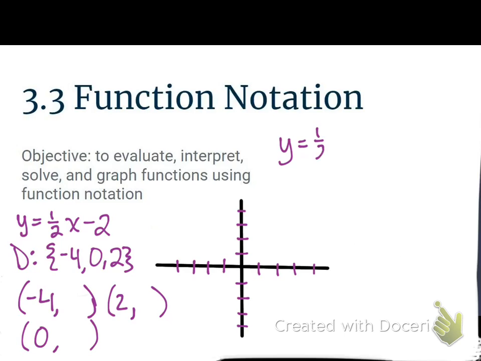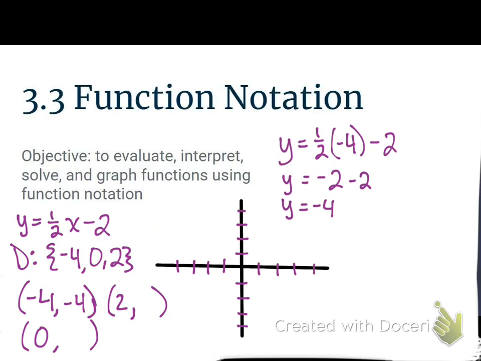So y equals 1/2 times -4 minus 2. When I plug in -4, what is half of -4? -2. What is -2 minus 2? -4. So that is one of my points.